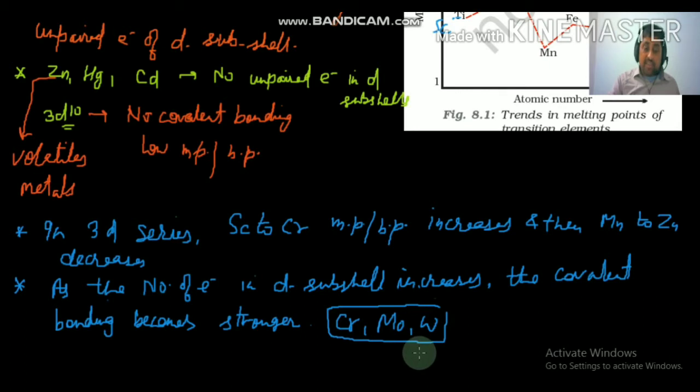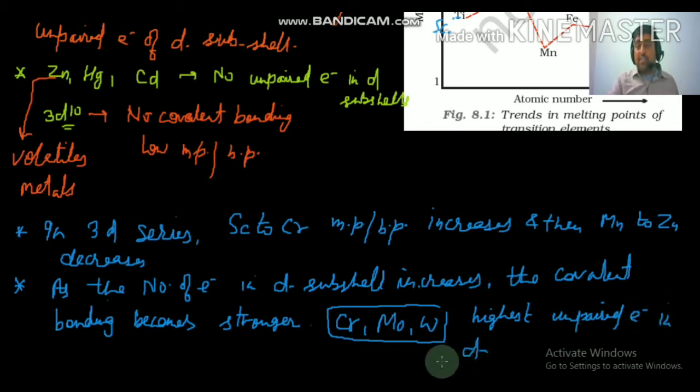and that's why they are having the highest unpaired electrons in d subshell.